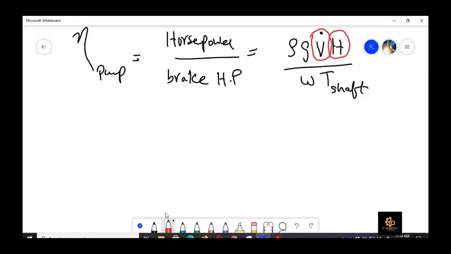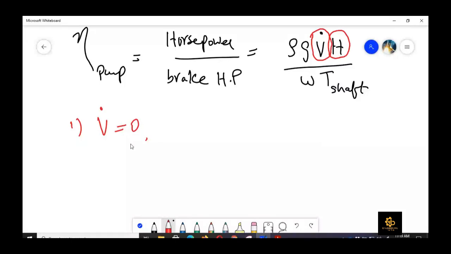When the volume flow rate is equal to zero, in the case of our home pump, it means we have switched on the motor, but the valve installed in front of the pump, which takes the water to the overhead tank, is closed.